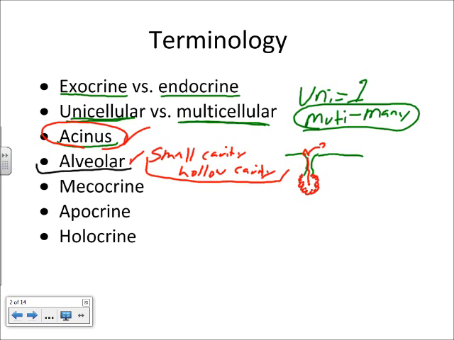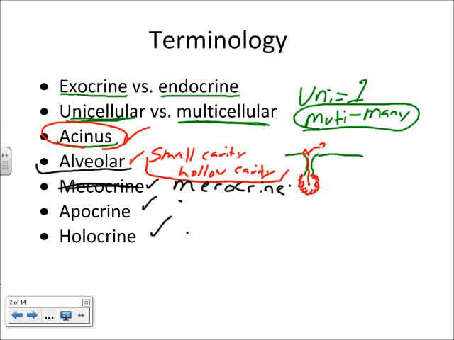Then these last three words: merocrine, apocrine, and holocrine. I spelled that wrong, I always do that. It's merocrine, not mecocrine. I've been doing that ever since I was a student when it comes to this type of gland. Sorry, I should have caught that.